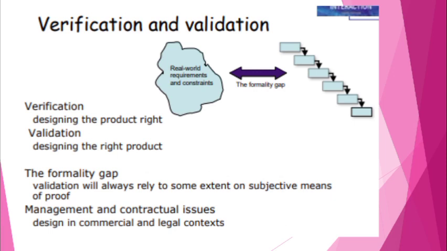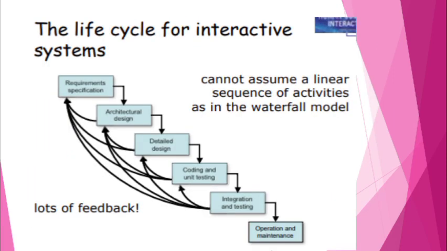The management and contractual issues like design in commercial and legal context have to be addressed. This is the life cycle for interactive system, and we cannot assume a linear sequence of activities as in the waterfall model, and for interactive system it will get a lot of feedback. The expert will have knowledge from a cognitive or psychological perspective, and it will get the feedback, and that has to be refined. Thank you.